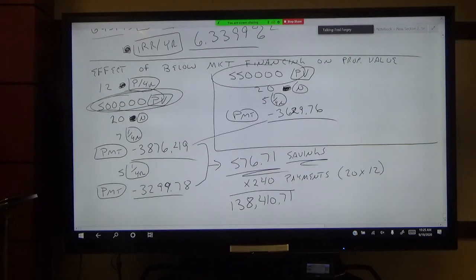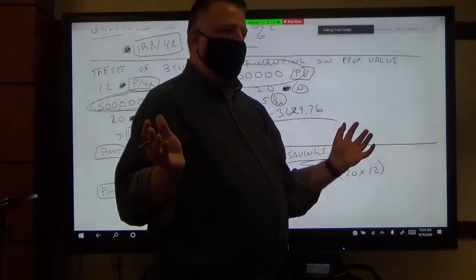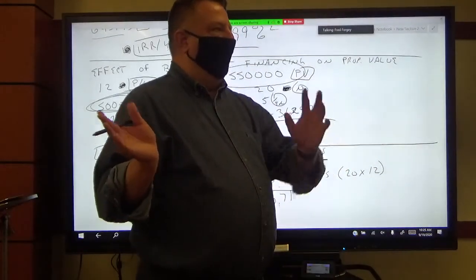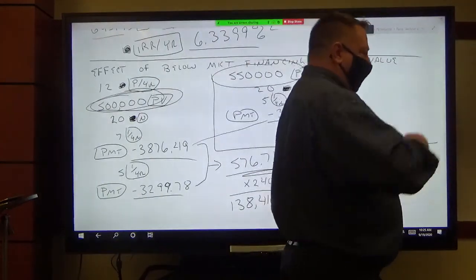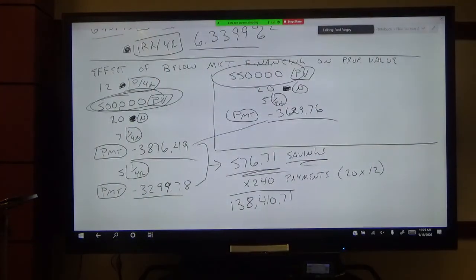You're selling them because you've, in essence, manipulated the market value of those properties within your portfolio to a higher value.